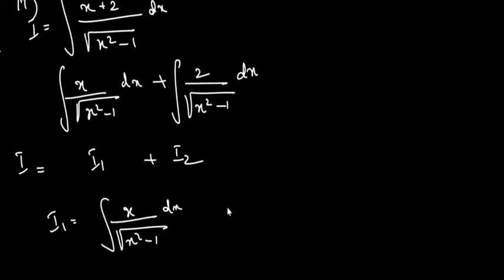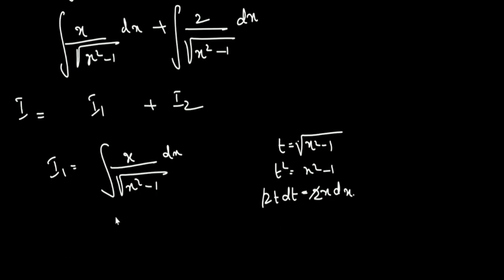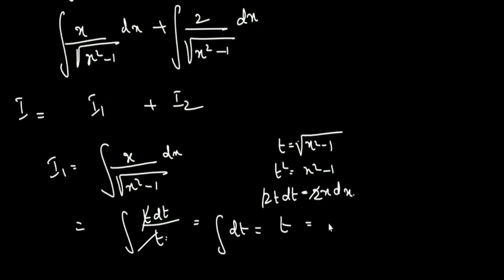To use the substitution method, t square is x square minus 1, so 2t dt is 2x dx. Now x dx is t dt by root of, that will become t. So t and t get cancelled. The integral of dt is t, and t is root of x square minus 1.